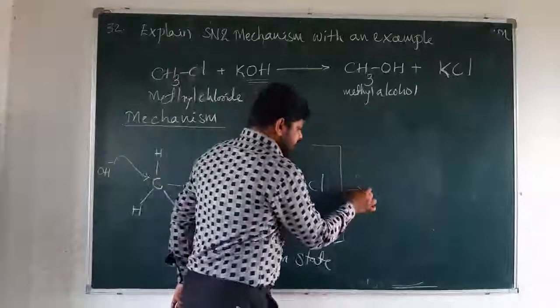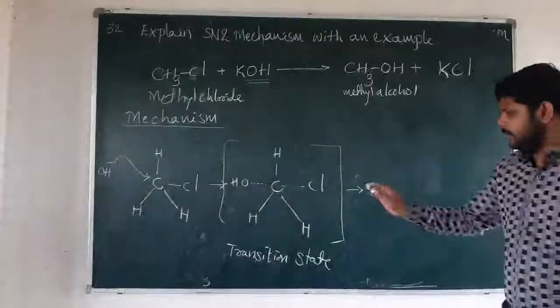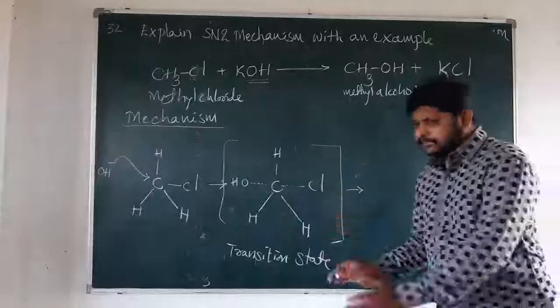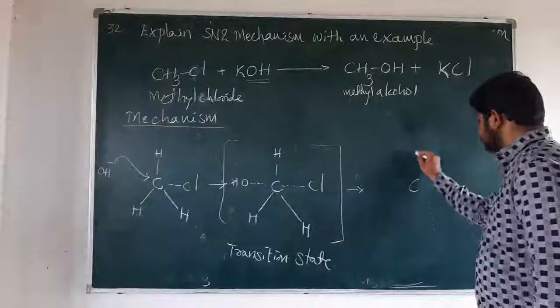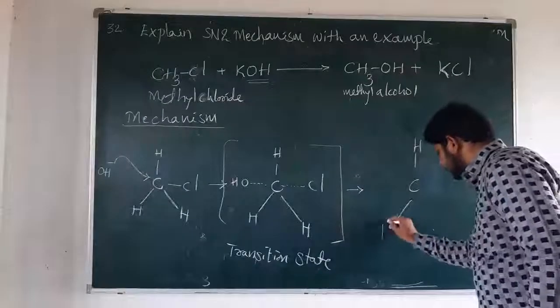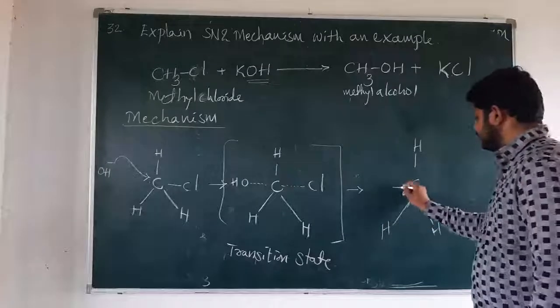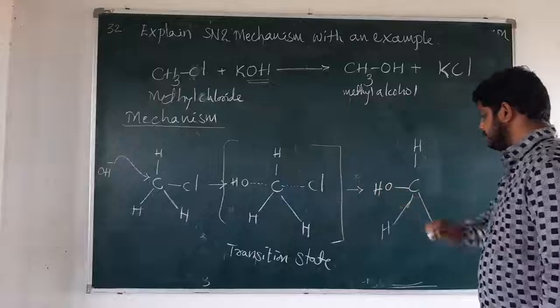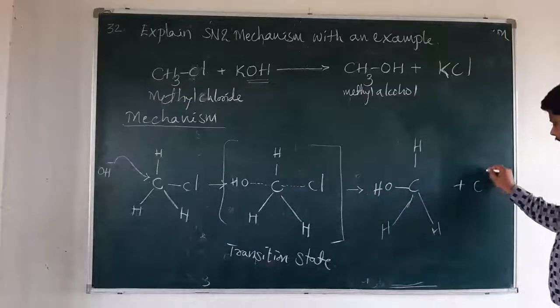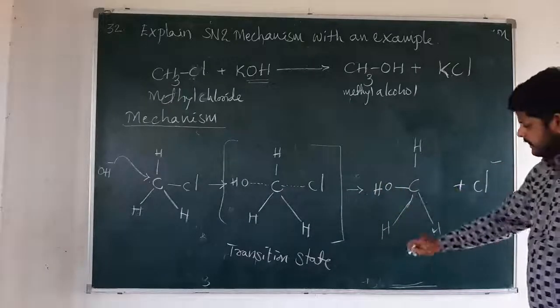In the final step, the Cl will be removed. The remaining C is bonded with H, H and H, so that is 3 hydrogens, and here it is bonded with OH, plus Cl minus.